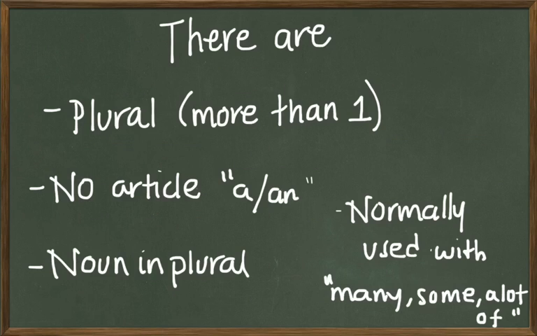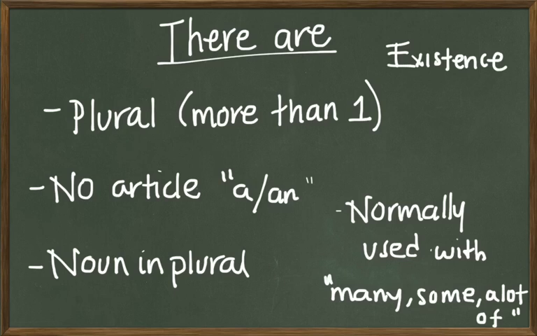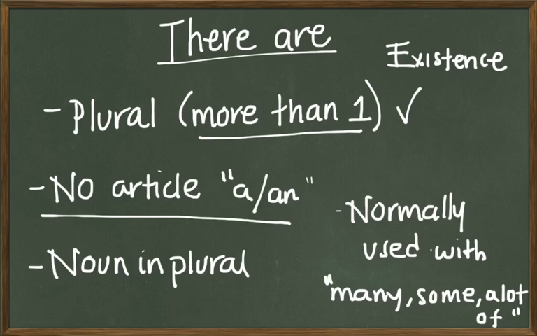Now, let's analyze the expression there are. Remember again that this expression is for existence, and it's used to talk about plural, which is more than one. In this case, no article a or an is necessary here.